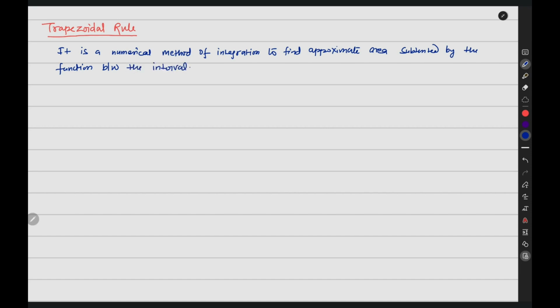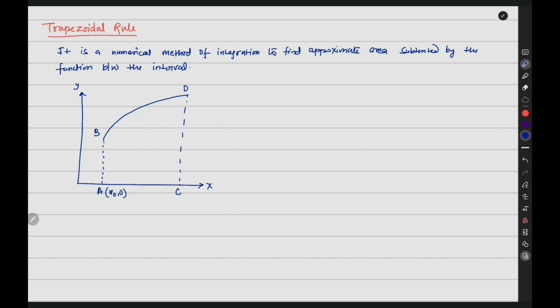Now graphically we will understand the trapezoidal rule. Suppose that we have this graph like this. This is A point, this is C point, this is B here and this is D here.